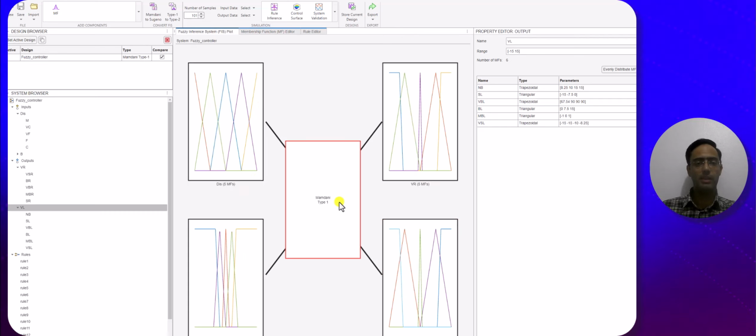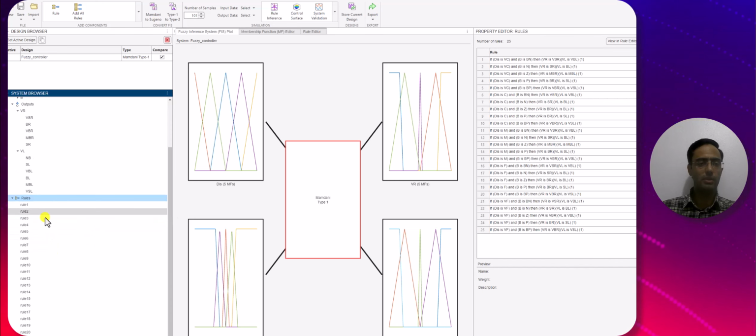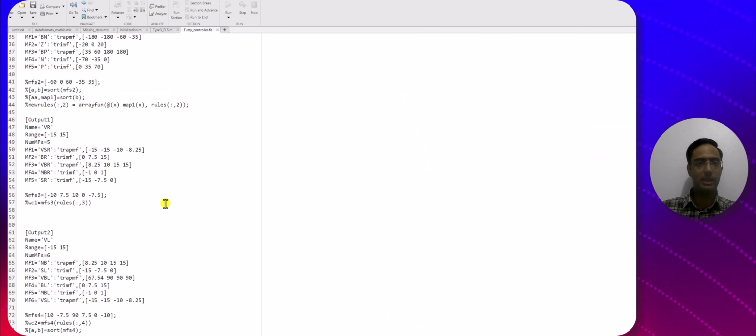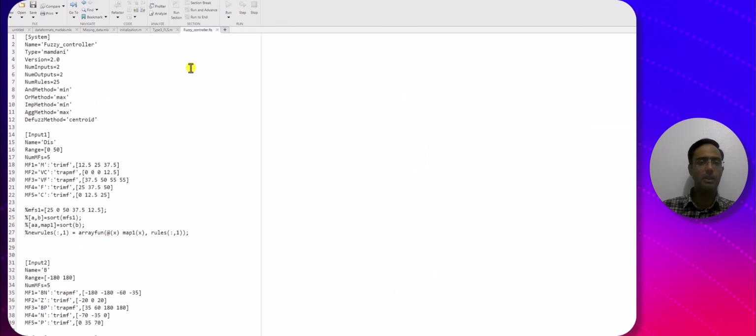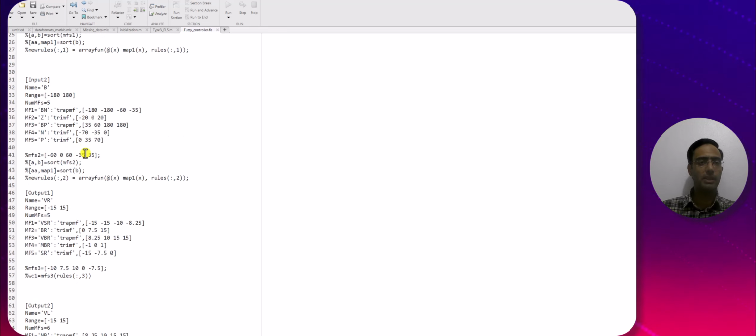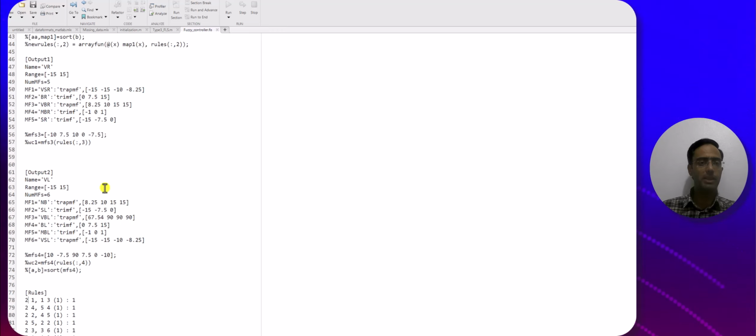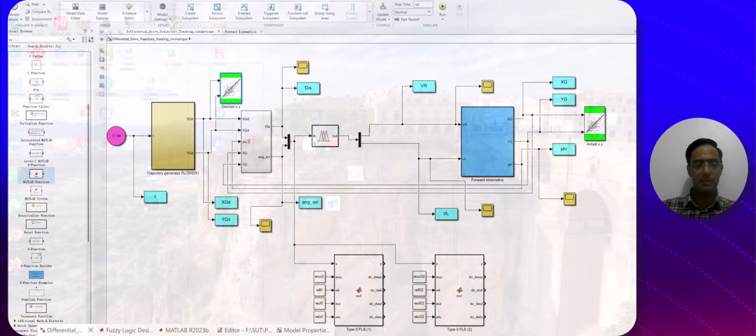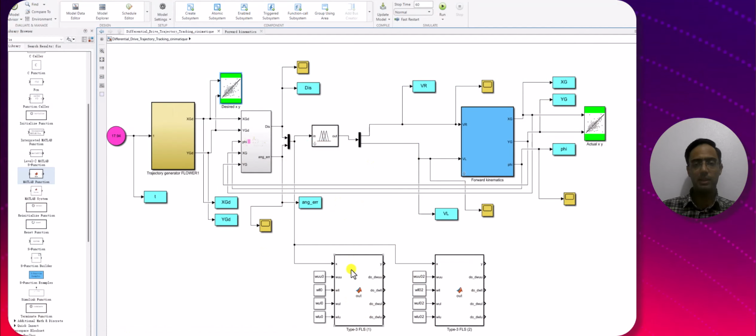And here you can see the rules. So this information we can directly see in this file. If we open this file in the editor, you can see the whole information here. So we're going to replace it with a Type-3 fuzzy controller.